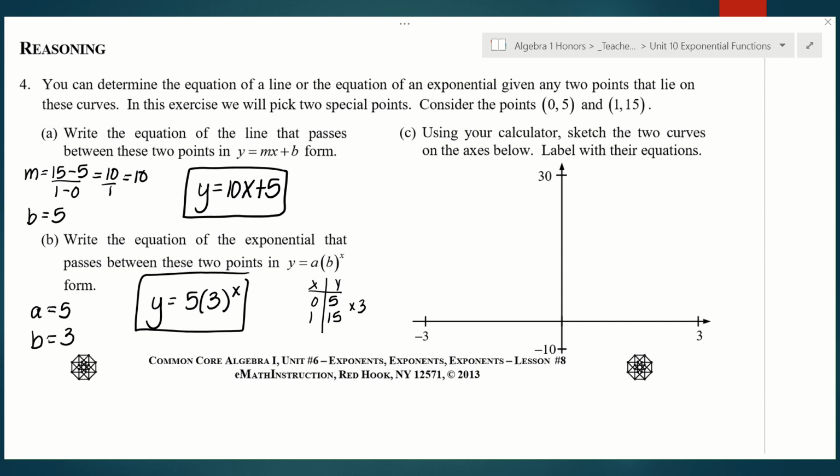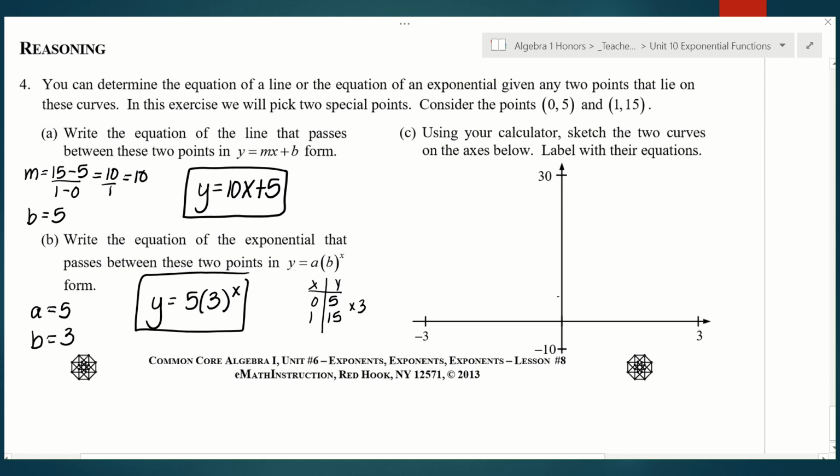Let's go into our window settings, so menu, window zoom, window settings. Our x-min, they want us to be at -3. Our x-max is +3. Our y-min is -10. And our y-max is 30.